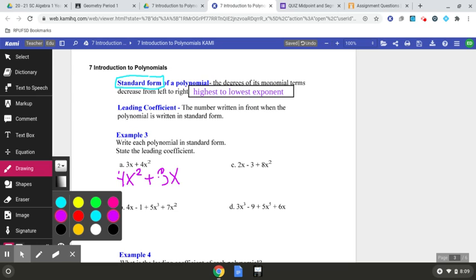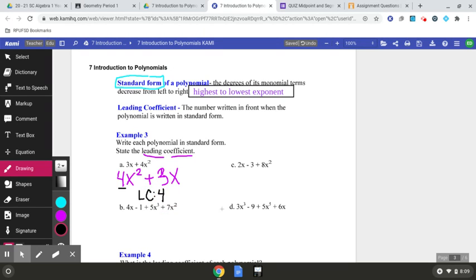I have a 2, and then this technically has a 1 here. So I'm in highest to lowest exponent, so this is standard form. And now if I want to find the leading coefficient, that would just be the number that's in front of this first term, the highest exponent. So in this case, my leading coefficient, I'm just going to label it LC, would just be 4.